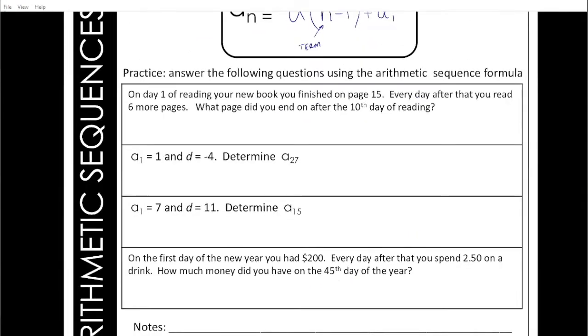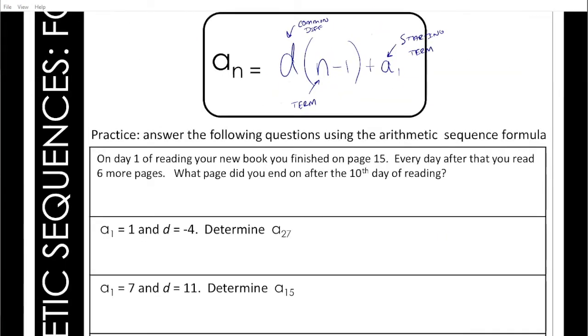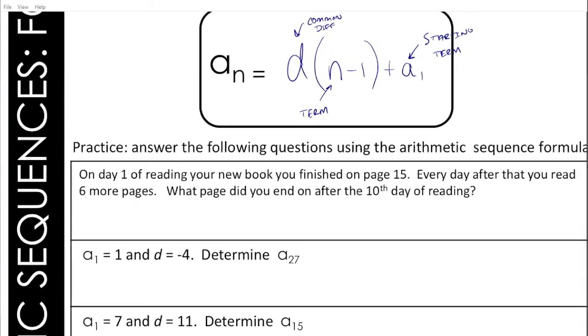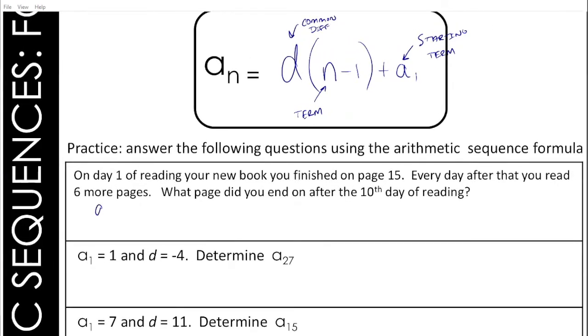So we're going to practice a couple down here. You just got a brand new book and you're excited. Okay, so the first day of reading your book, you read through until page 15. Every day after that, you read 6 more pages. What page do you end on after the 10th day of reading? So we want a_10.